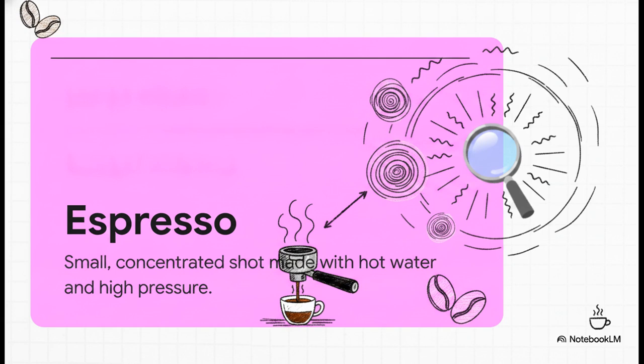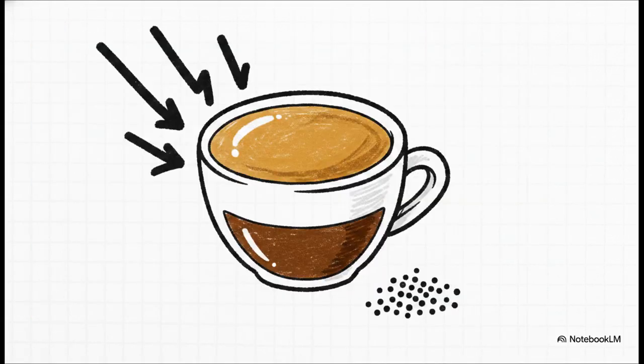And because it's so quick to make and packs such a concentrated flavor punch, this tiny little beverage is literally the foundational anchor for almost every modern coffee shop today. This foundational drink originated in Italy back in the early 20th century, and it completely revolutionized how we drink coffee. Like I mentioned, it absolutely relies on that high pressure and finely ground coffee to get its signature profile.